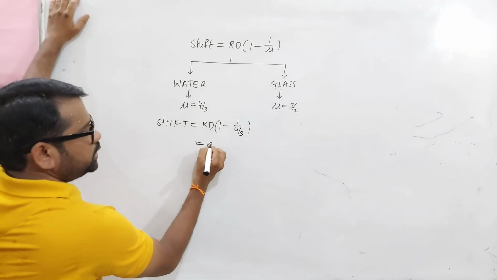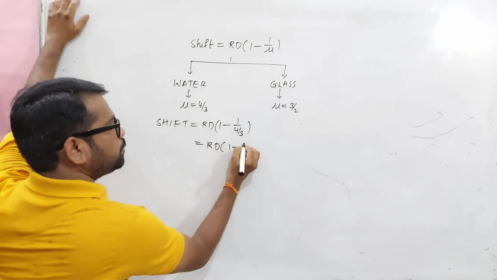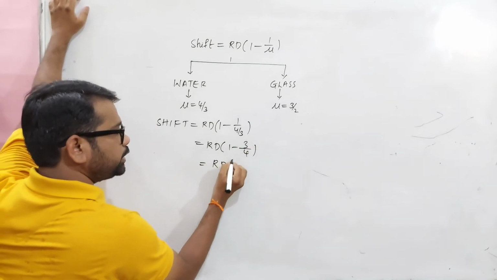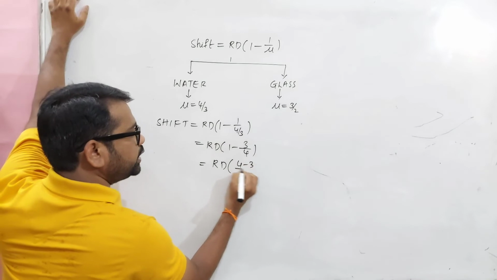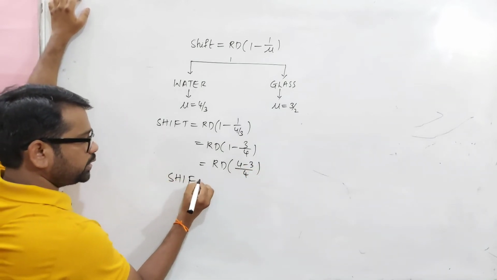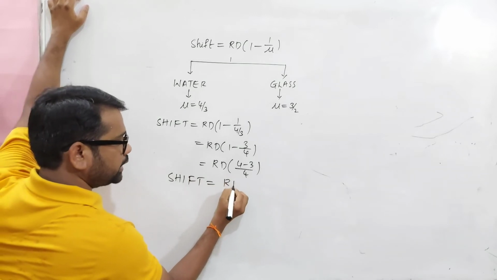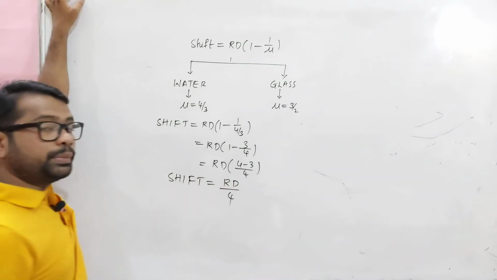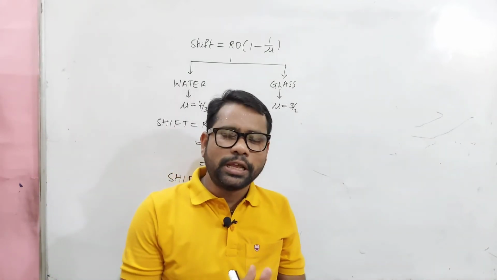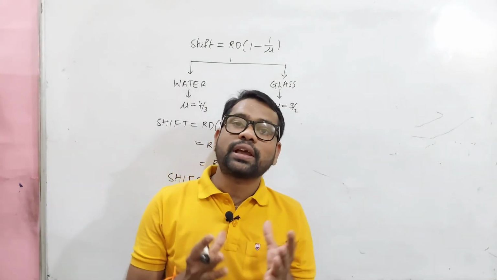So this is real depth into 1 minus 3 by 4. Taking LCM, it is real depth into (4 minus 3) by 4. So finally, shift is equal to real depth by 4. Means, if the denser medium is water and real depth is given, then how can you calculate the shift?